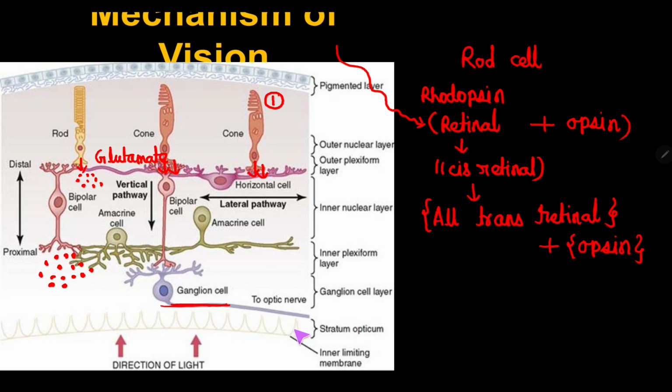These ganglionic cells are the cells of our second cranial nerve. The stimulus will come here, and they generate action potential, which goes to the visual cortex of the brain, and the visual cortex decodes all the information.